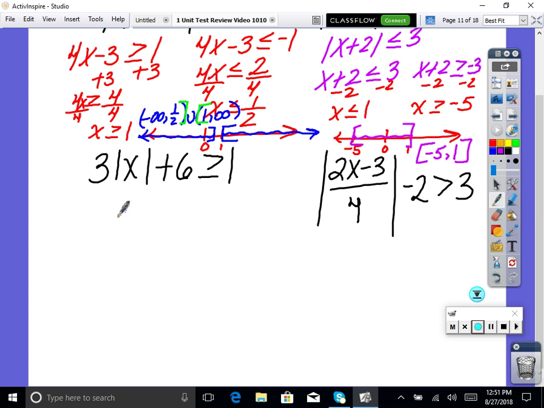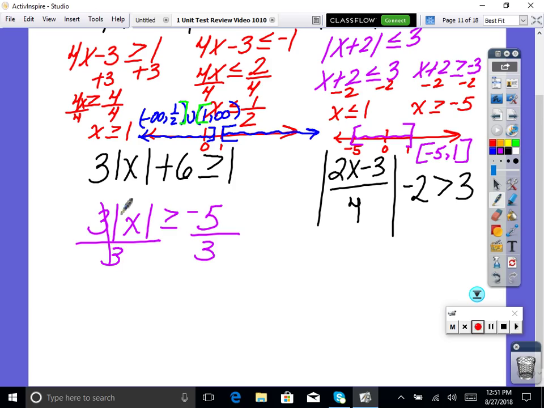Isolate the absolute value, subtract 6. I meant to have it divide out evenly and nice and pretty, but whatever. Is greater than or equal to, when we subtracted 6, we got negative 5. Divide by 3. So now we have, oh, you know what?